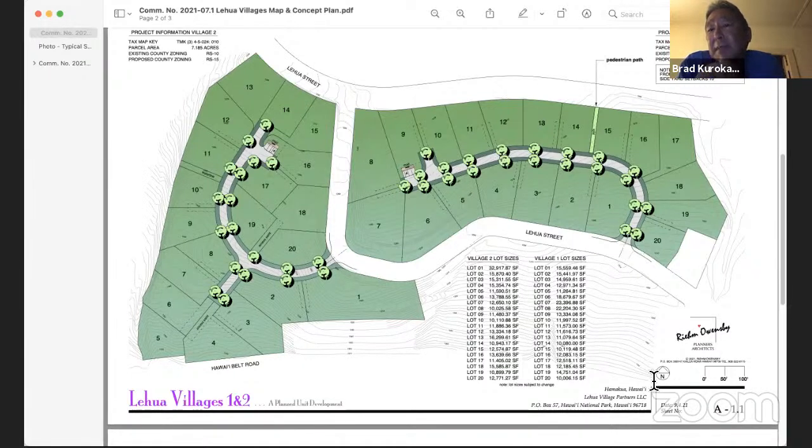I was mentioning some of these key points. Another one would be some visual screening at the Hawaii Belt Road, just looking down on that. I know it's not that big a deal, but just so that we're not looking down on a whole bunch of roofs, which is what it's going to end up being, because that's the density that we're looking at.